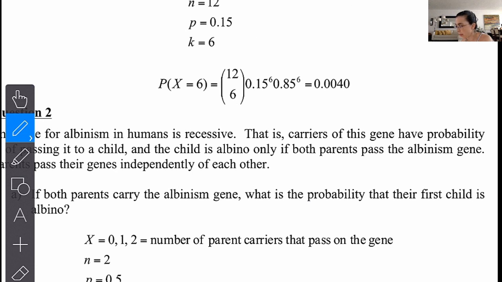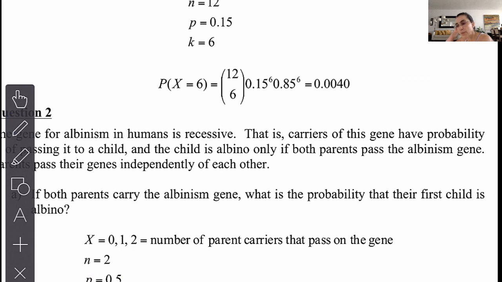Okay, so they're independent. So in that case, we define n equals 2, because we're going to look at one parent and then the second parent. So it could be that neither of the parents have the gene, one of the parents have the gene, or both have the gene. You see how we do this?